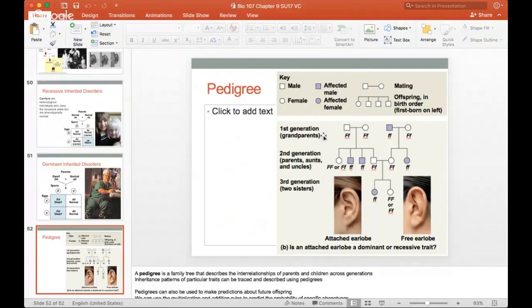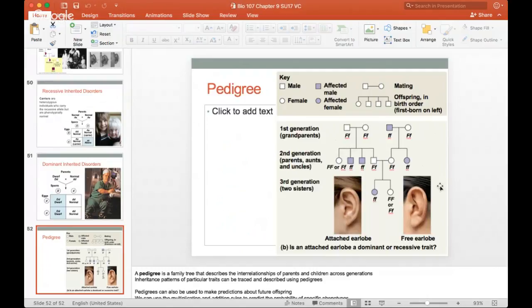The other important notation that we have is colored in, or closed, versus not colored in, or open. And that has to do with, are they affected or not? And it depends on what kind of trait we're dealing with. So with this example pedigree, we're dealing with a recessive trait.